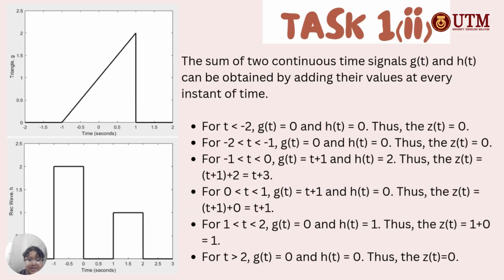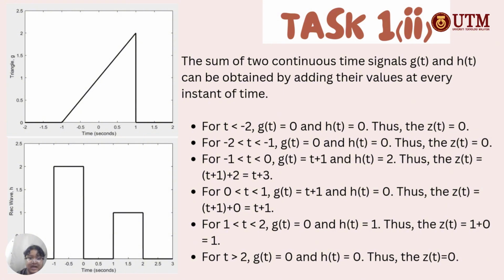For this question, we can see that when t is less than negative 2, and when t is between negative 2 and negative 1, the output will be 0. For t between negative 1 and 0, g(t) has the equation t plus 1 and h(t) equals 2, so the output becomes t plus 1 plus 2, which is t plus 3.